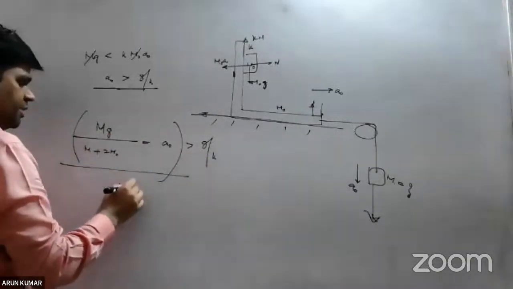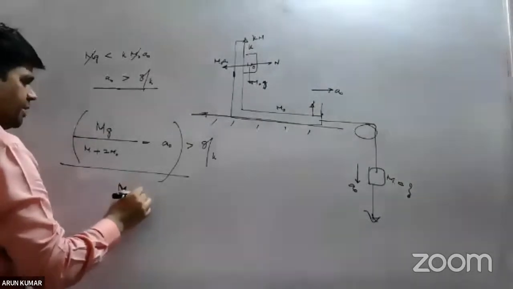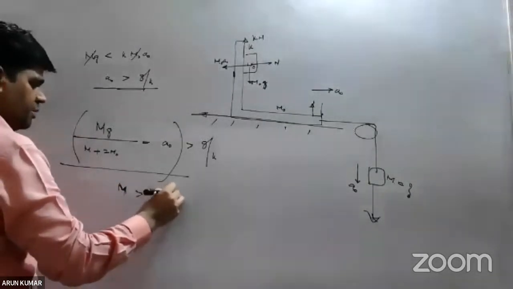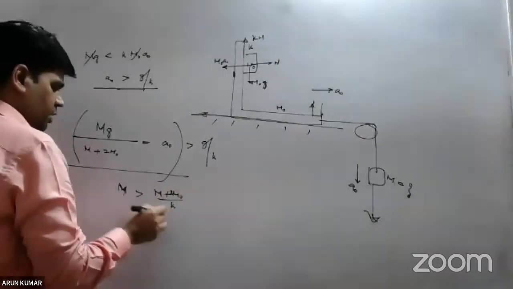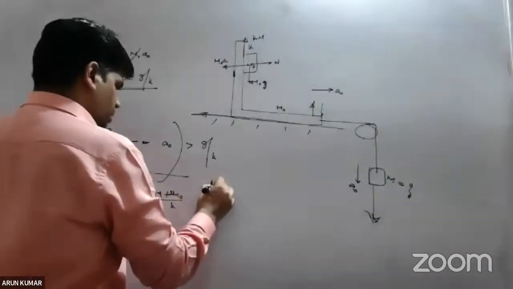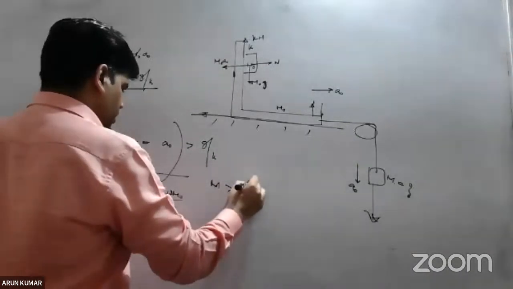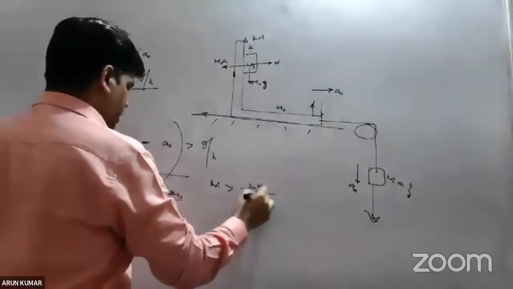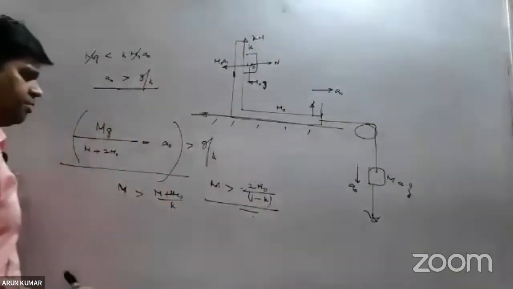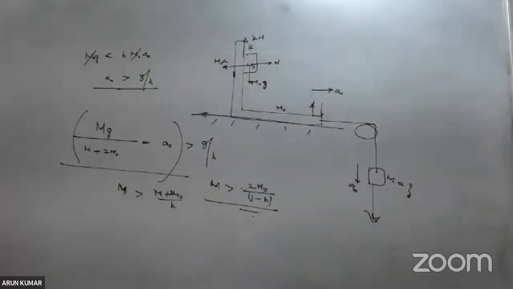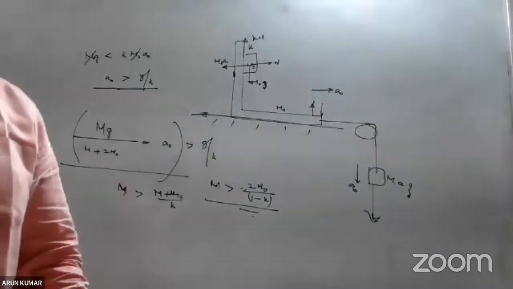So g gets cancelled out. m should be greater than (m plus 2m naught) by mu. Sorry, mu. So I'll have m should be greater than 2m naught by 1 minus mu. Let me check the answer.